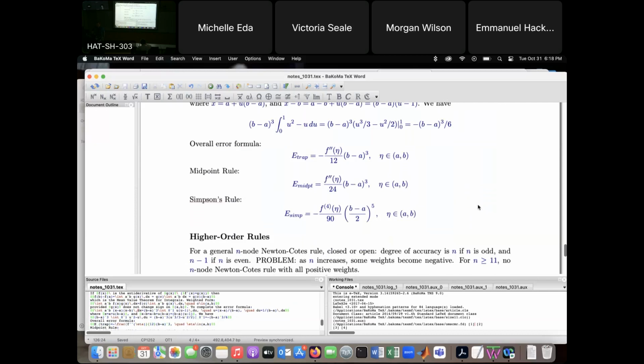But one reason is, as we see here, the error depends on higher order derivatives of your f. And if we use more nodes, that would depend on a higher order derivative still. What if a function is badly behaved and those higher order derivatives can get quite large? So you're not really gaining anything.